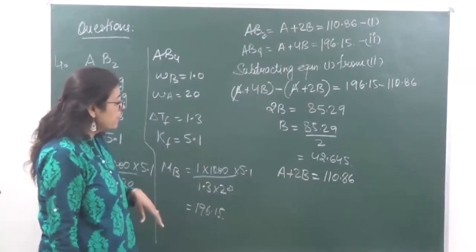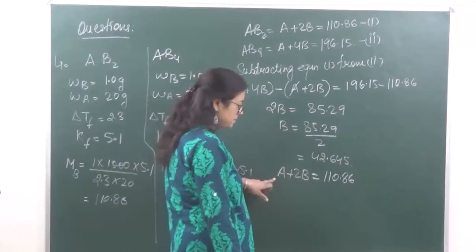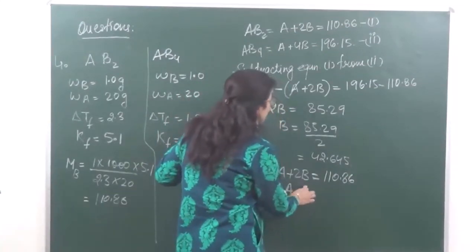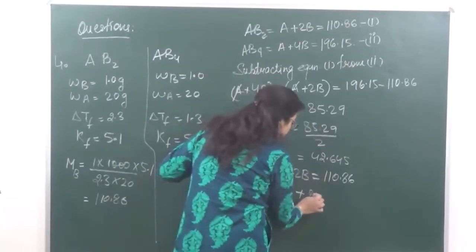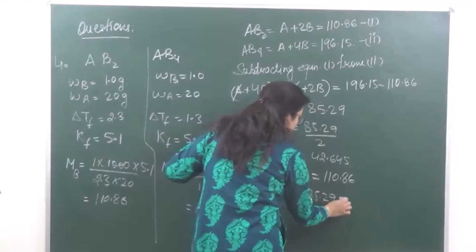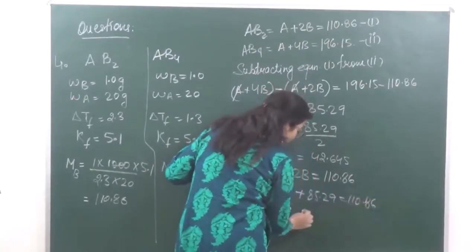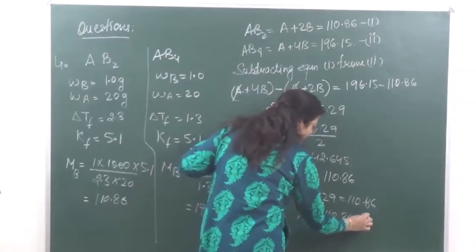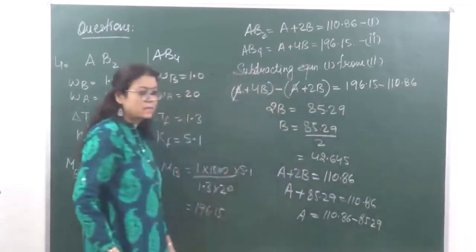So if we are doing this, we can calculate the value of A, right? A plus 2B means what? 2B was equal to 85.29 from here. So A would be equal to 110.86 minus 85.29.